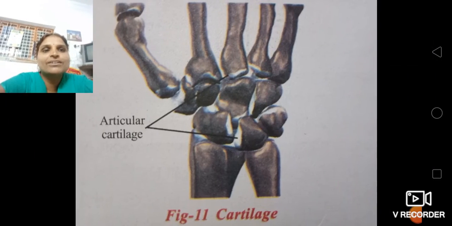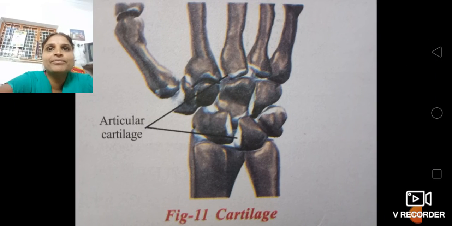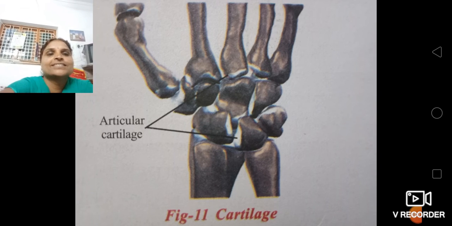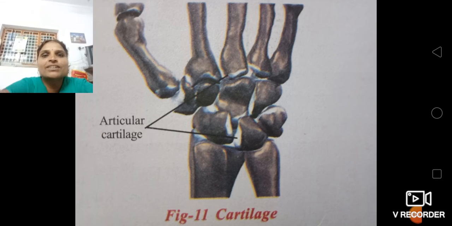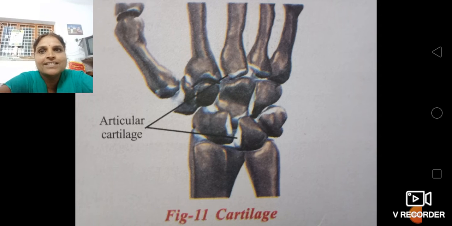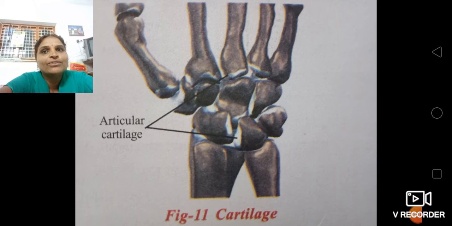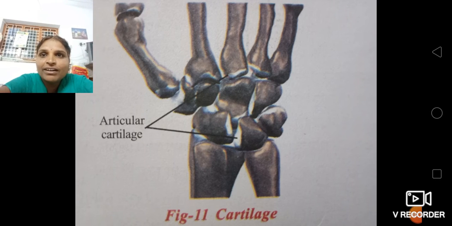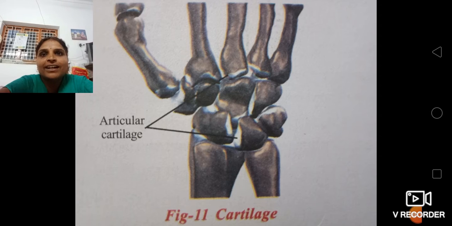Next is the fourth one. What is the fourth one? Cartilage. See in this picture. Cartilage is also one type of connective tissue found in the joints of bones. It is present in the tip of the ribs, tip of the nose, external ears, and in the trachea also.